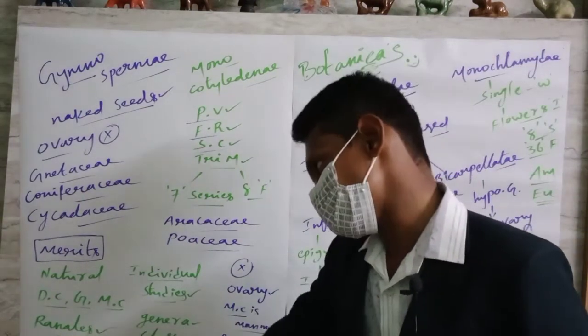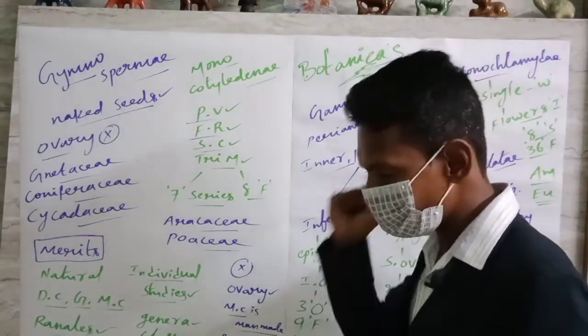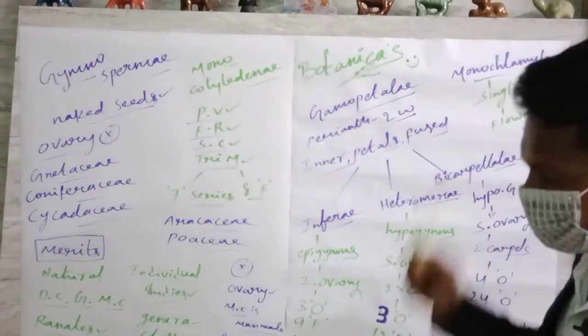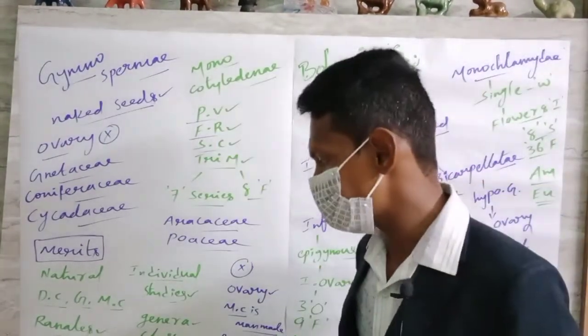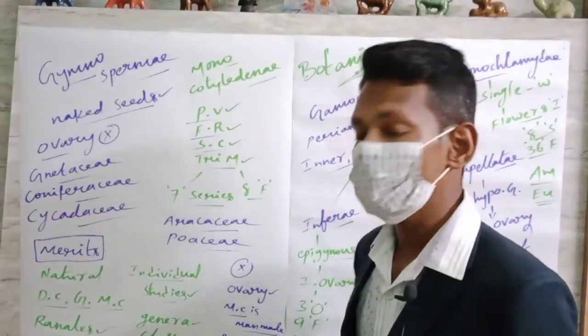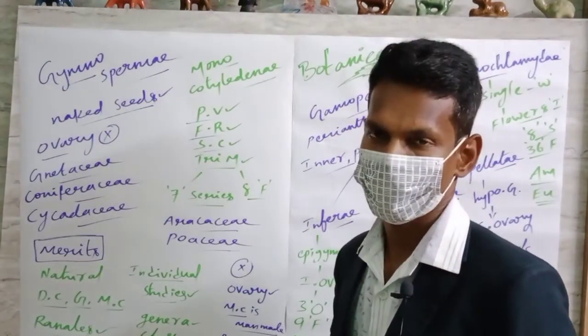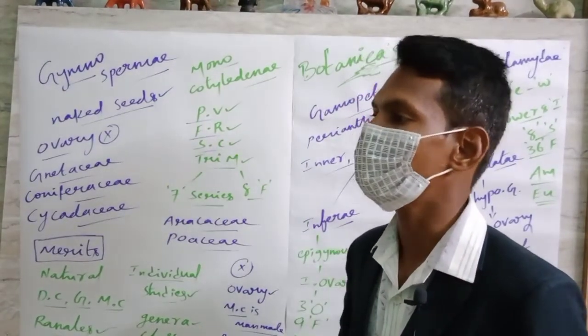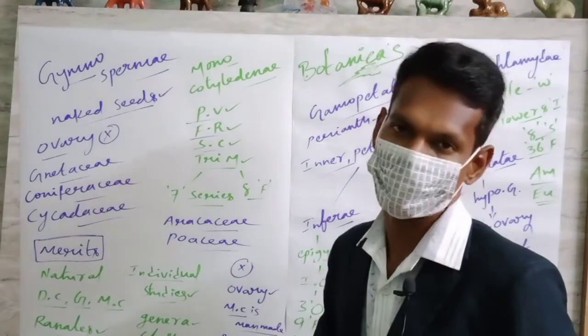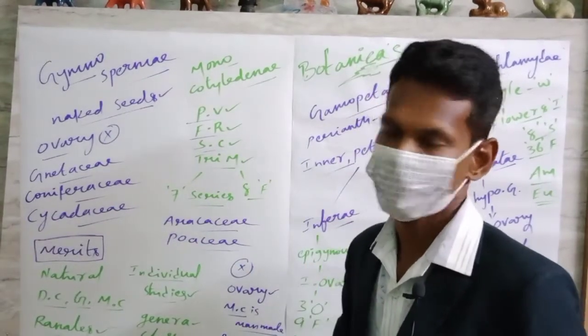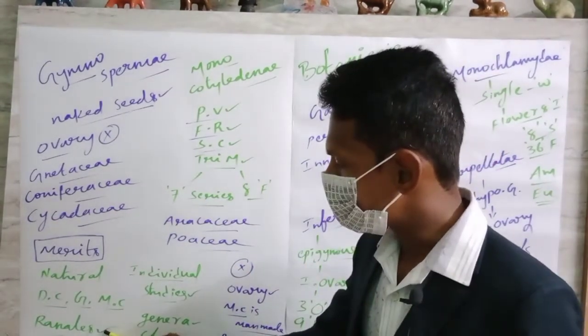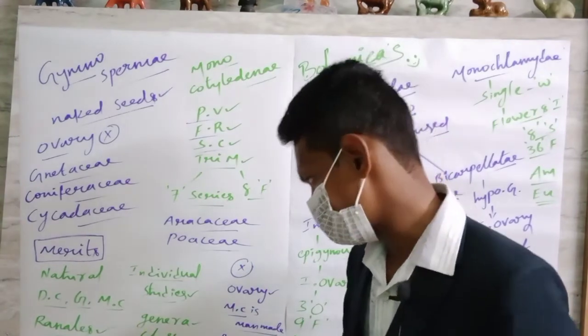Then the system of classification starts from Ranales, and the Ranales group is the most primitive and the oldest group on this earth in nature. So that is one of the merits.